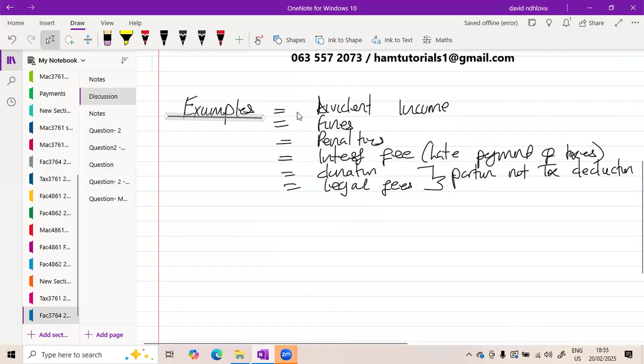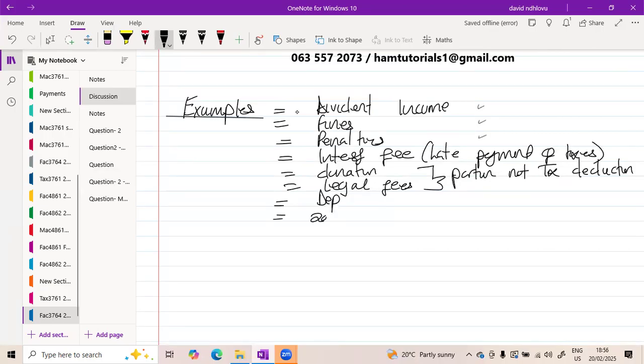Can we be clear on that? That only applies now to the donation and legal fees. It doesn't apply to all these other things here. And then what else do we have, good people? 20% of capital gain. Again, this will be included as part of the exempt differences.